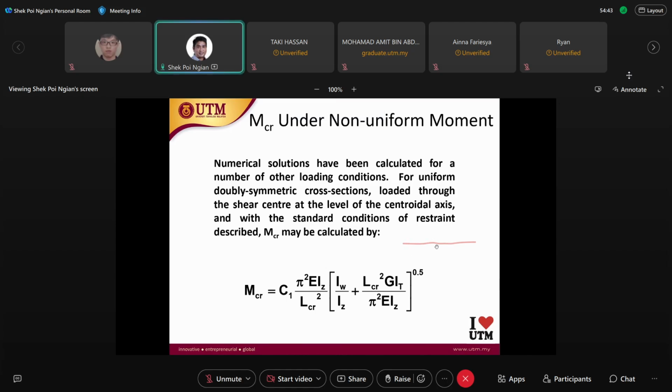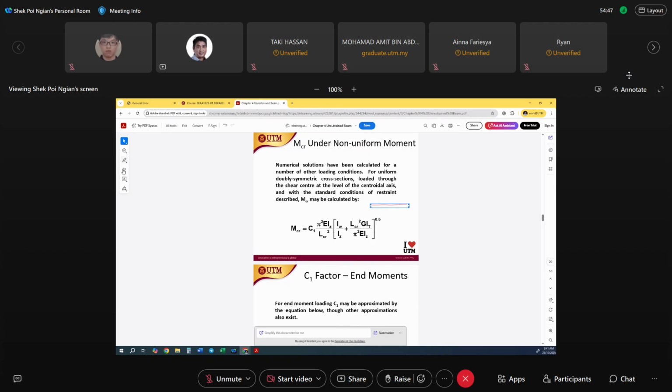And then your beam has a moment. So your bending moment for your beam is the same, uniform, from one end to the other end, and along the beam it has the same value of moment.